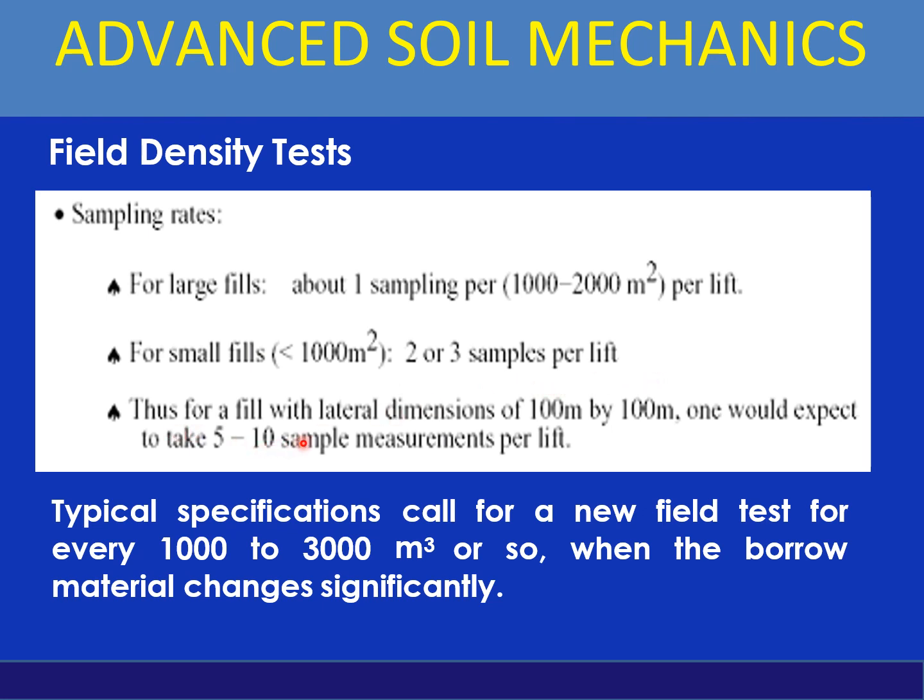Thus, for a fill with lateral dimensions of 100 meter by 100 meter, one would expect to take 5 to 10 sample measurements per lift. Typical specifications call for a new field test for every 1000 to 3000 cubic meter or so, or when the borrow material changes significantly.